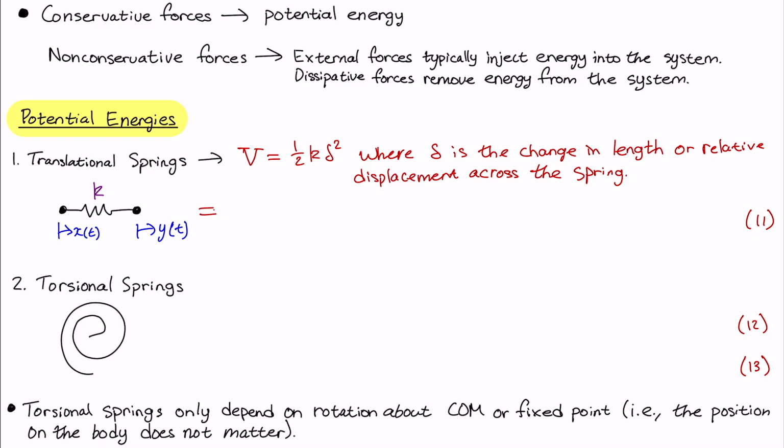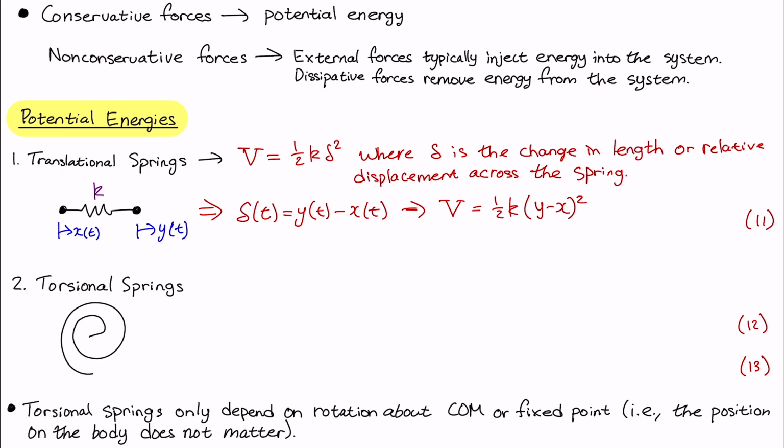So for the spring shown here, delta(t) is equal to y(t) minus x(t). And so the potential energy is just equal to 1/2 k times (y minus x) squared.